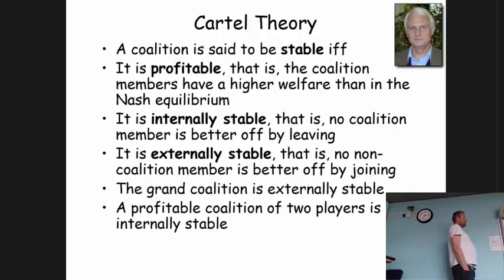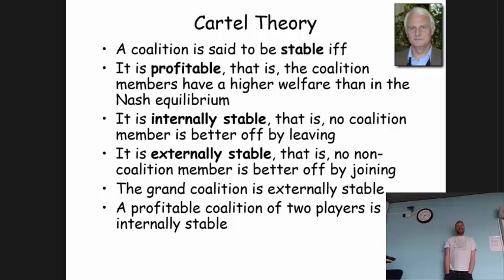A coalition is said to be stable if it satisfies three criteria. One, it has to be profitable. That is, for each of its members, the coalition has to deliver a welfare or a payoff that is greater than the full non-cooperative solution, the Nash equilibrium. That is profitability, according to d'Aspremont.